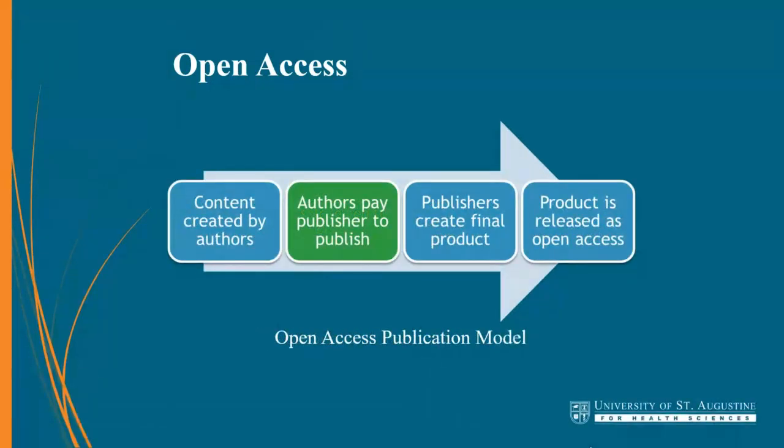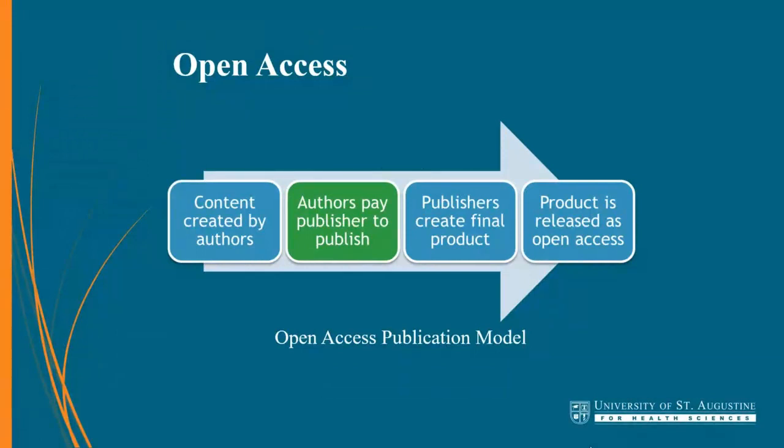On the open access model, instead of selling the product at the end of the whole process, the publishers are actually making their money when the authors convey the content to them. So either the author or the institution or a government funding agency, the money transfer takes place when the publishers gain the content, not when they release it to the market.